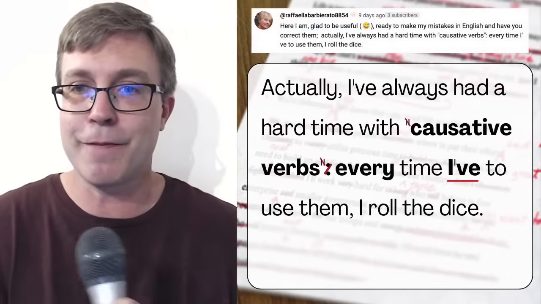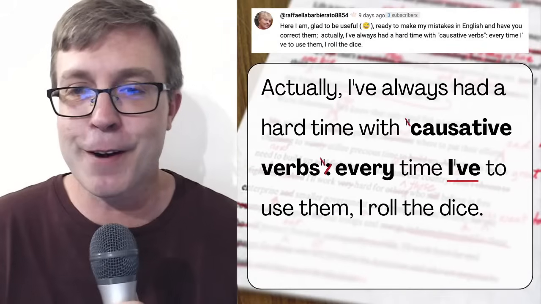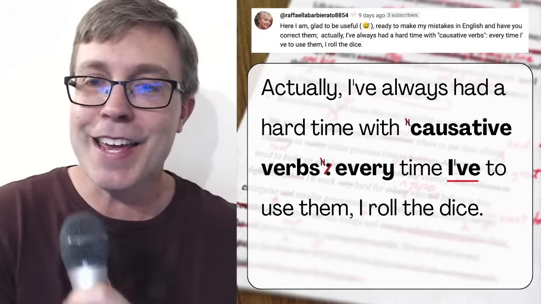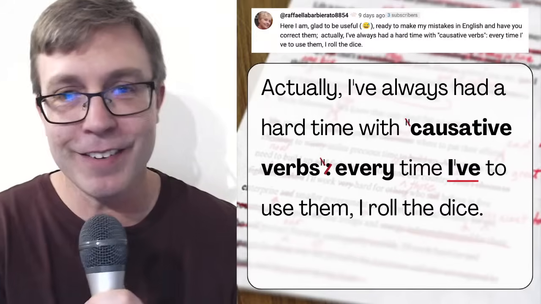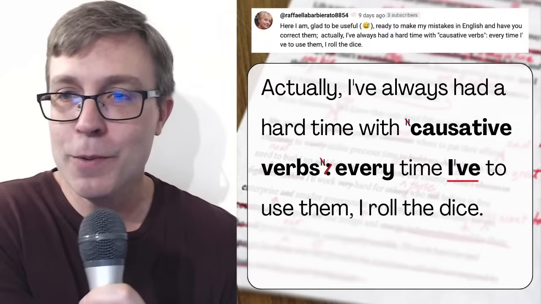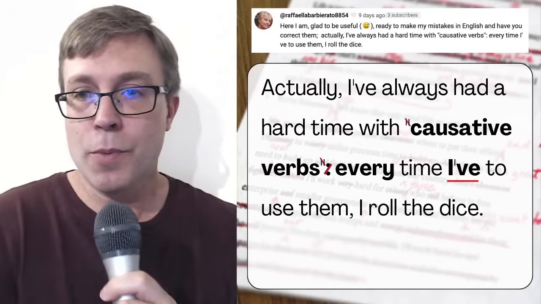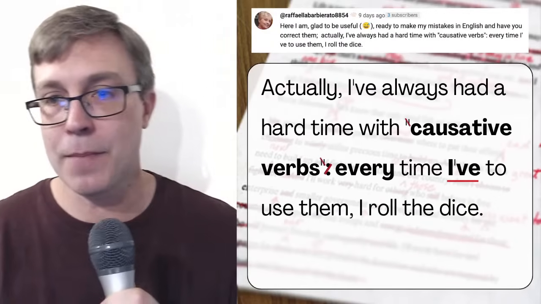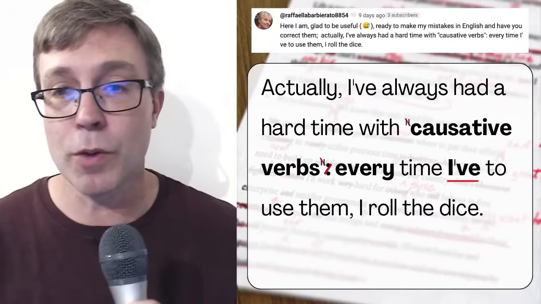Then we have this one from a member, a beloved member, Rafaela. Nice. Excellent. Actually, I've always had a hard time with causative verbs. Every time I have to use them, I roll the dice.